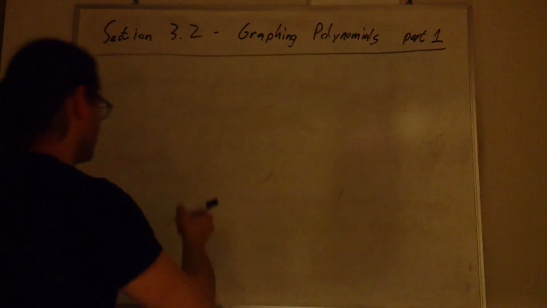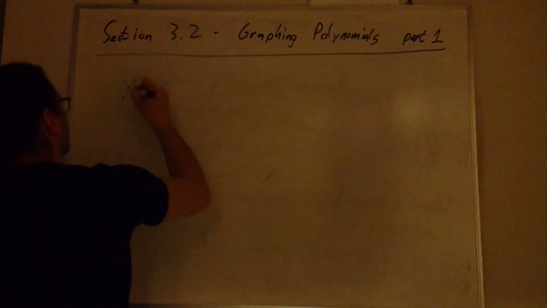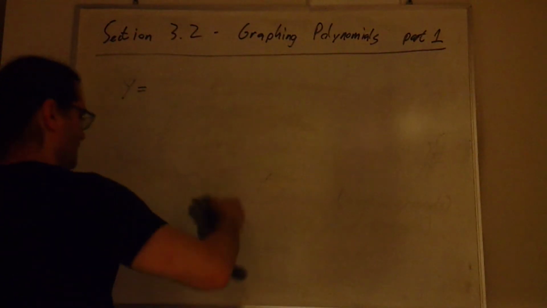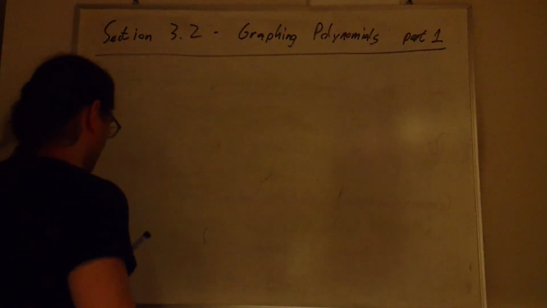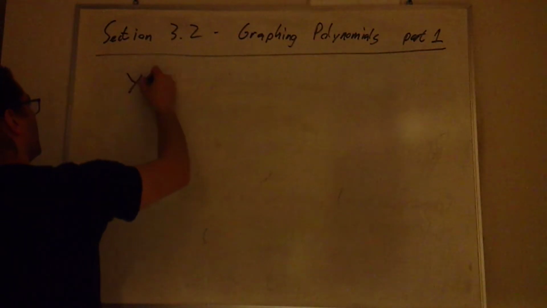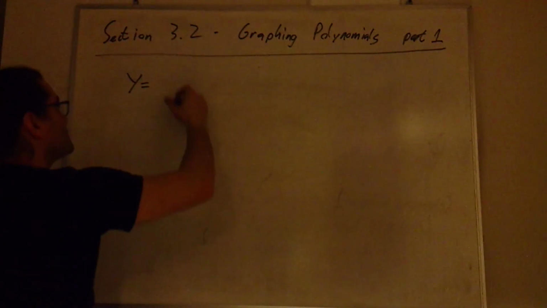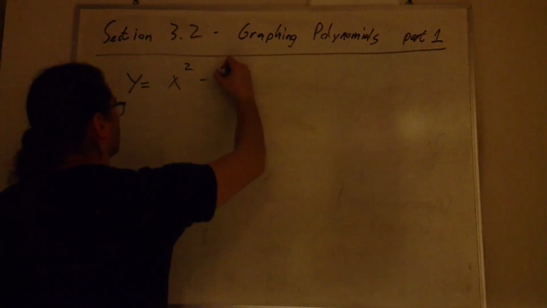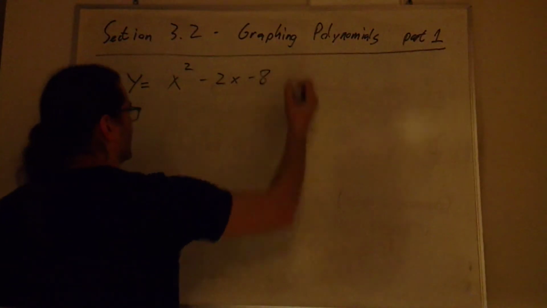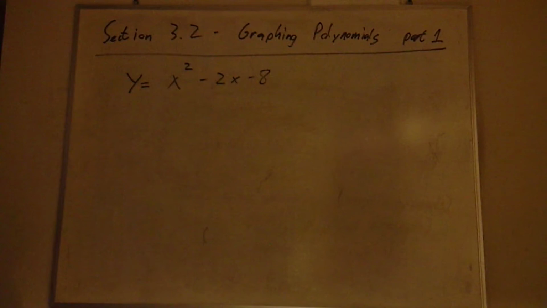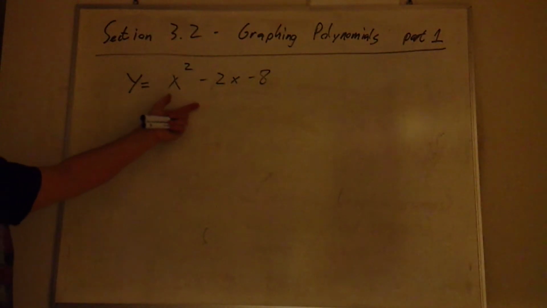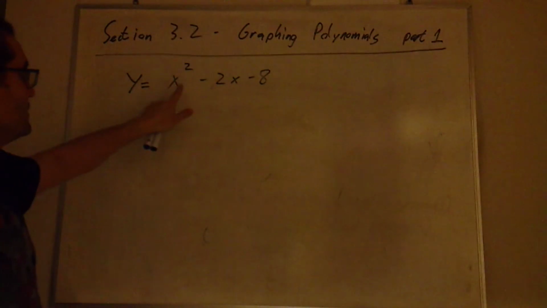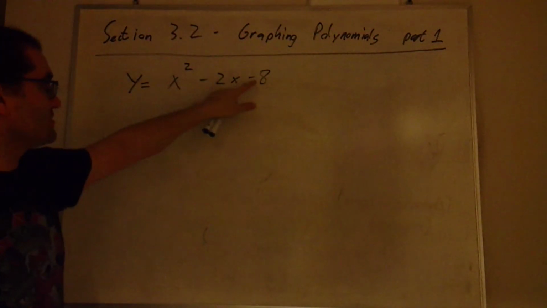So let's do something like y. Okay. Let's look at y. Oh, this is nice. y equals, we'll say x squared minus 2x minus 8. This seems like a good polynomial. So, if we're trying to figure out whether or not this is a polynomial, we can look at the exponents.